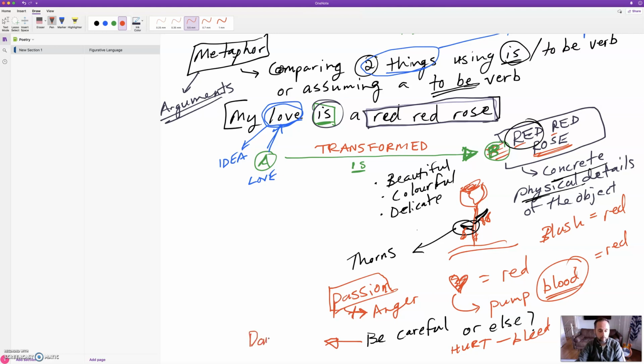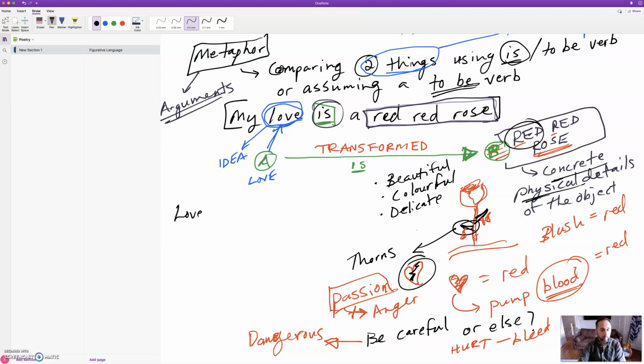Love is dangerous. If you're not careful and you pluck that rose hastily, you're not watching for the thorns, well, you can get hurt. You can get your heart maybe be broken. Right? Your heart will be broken. That's a danger.